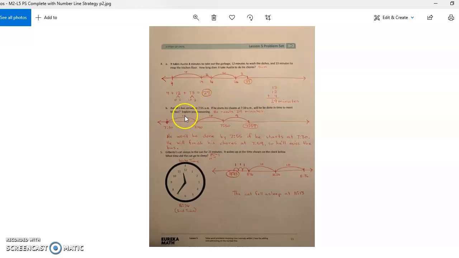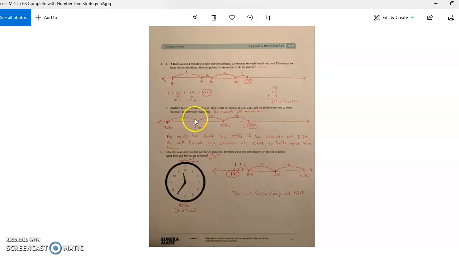So going up 29, 10, 10, and 9, we go 7:30, 7:40, 7:50, and then we know that 9 more minutes is going to take him up to 7:59. So he's not going to be able to do it in time. He's not going to be able to get to the bus in time because 7:55 is before 7:59. He won't finish his chores until 7:59.